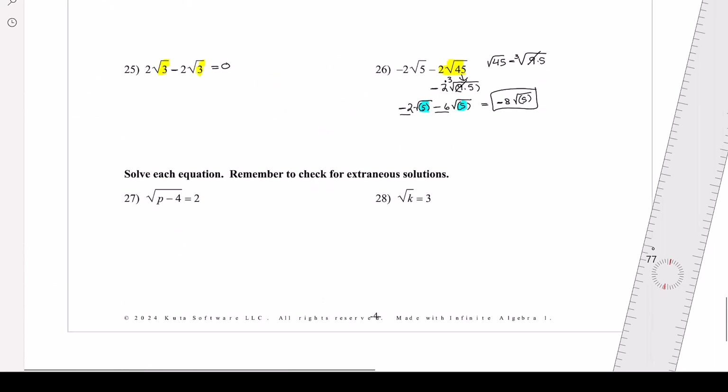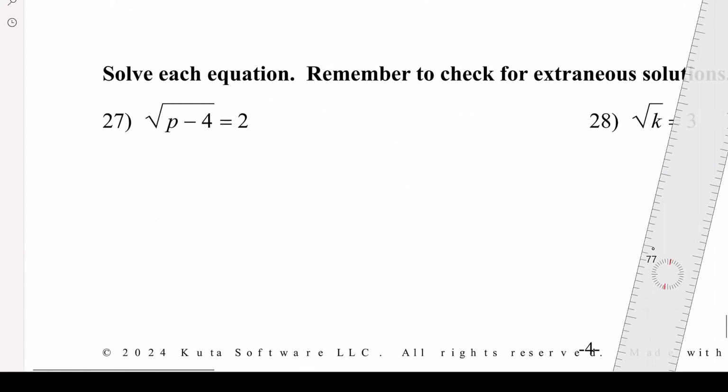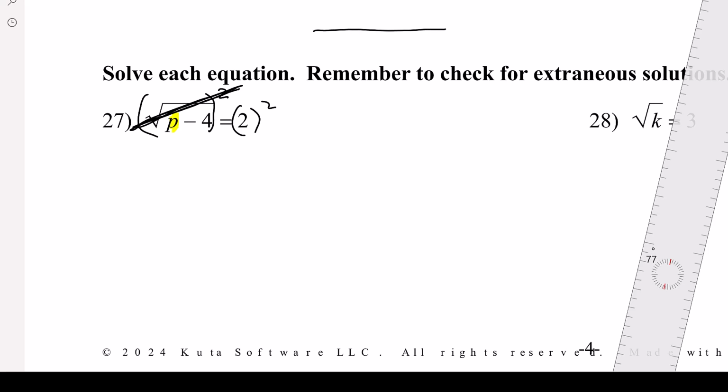All right. Solving for extraneous solutions. Well, we want to get this p by itself, but it's under the radical sign. So we have to square that radical to get rid of it. But if we square that side, we have to square both sides. Remember the teeter-totter.